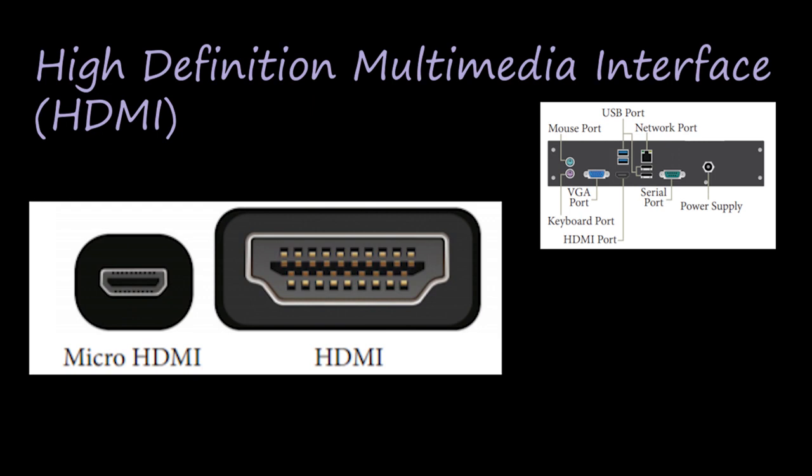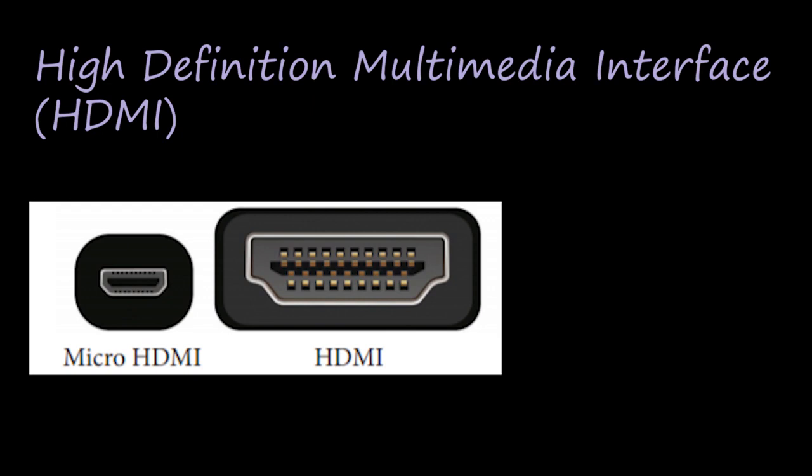Okay, this is an audio and video interface which transfers uncompressed video and audio data from a video controller to a computer monitor or a LCD or a TV or a digital television to display. Here in this diagram you can see micro HDMI and normal HDMI port. Micro HDMI means it will be a small one, and HDMI means this is the HDMI port.